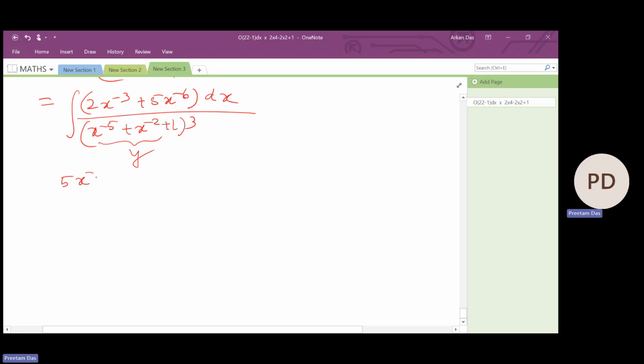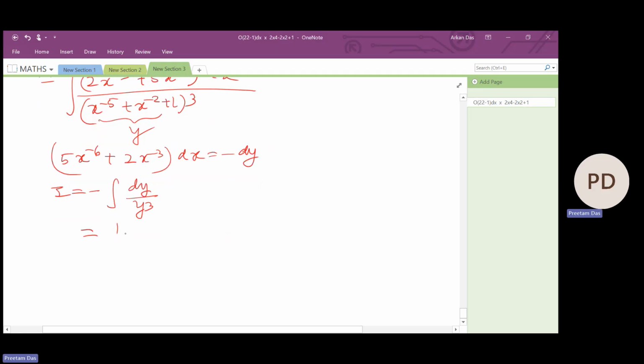So 5x raised to minus 6 plus 2x raised to minus 10, dx will get us minus dy. So what will be I? Minus integration dy over y cube. Simplify this and you will get half, x raised to 10 over x raised to 5 plus x cube plus 1 whole square, plus c. Option B.